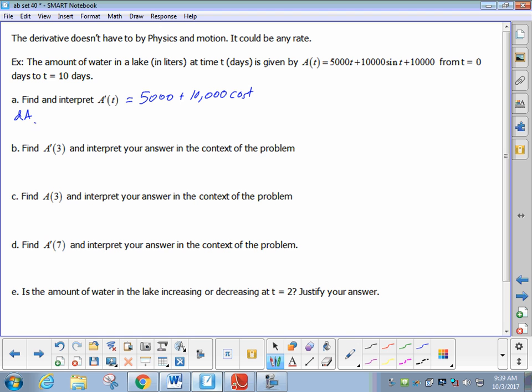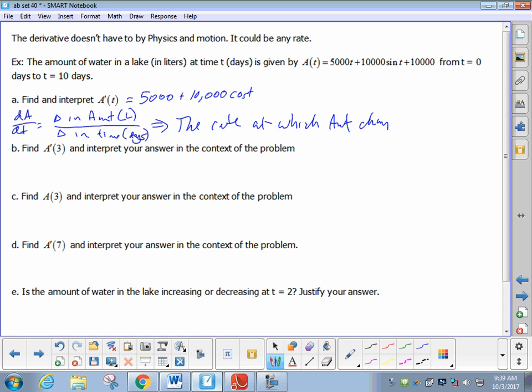Think of it as dA/dt, change in amount in liters over change in time in days. So in words, this is a little too heavy on symbols. It's the rate at which the amount of water changes in liters per day.